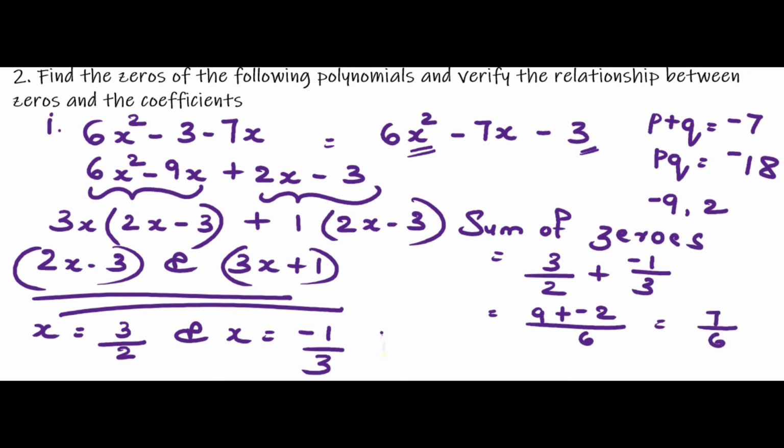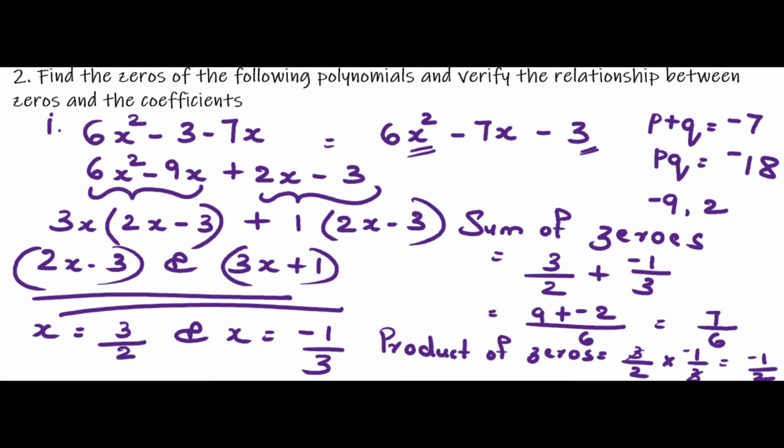Your product of zeros is 3 by 2 multiplied by minus 1 by 3. The 3 cancels, so it is equal to minus 1 by 2. So you can check now for the product of zeros and sum of zeros.